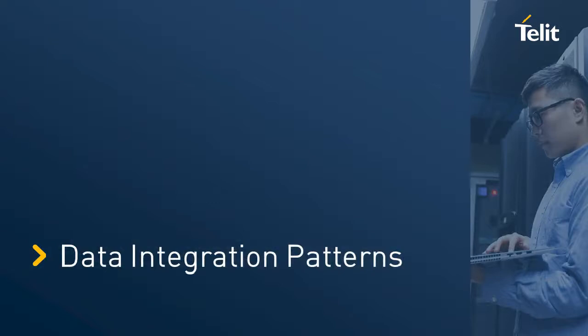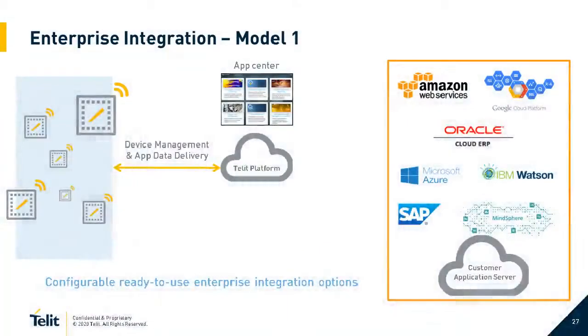So when we look at the data integration patterns, this is really, I think, something that's important to talk about. There are several ways that you can use a technology like ours. The first model is where you have your devices, and the devices communicate with our platform, and you utilize our device analytics and you utilize our tools, and you live kind of within our world. This is nice.